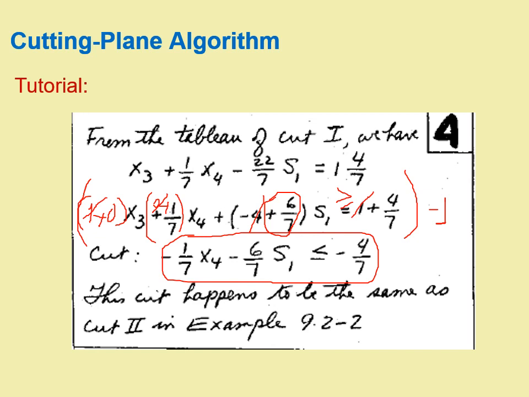But if you look at it carefully, this is the same cut that we obtained by using the previous row. Exactly the same cut. It means that all the steps of the dual simplex algorithm will be the same. So you will find exactly the same solution.